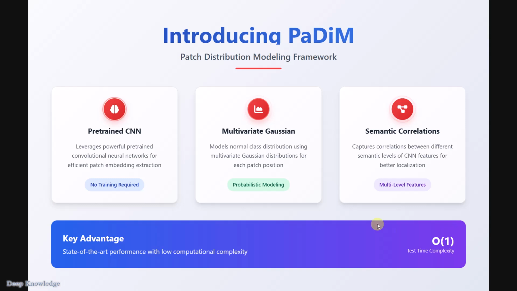PaDiM uses a pre-trained CNN to extract the features from the images from several layers. I will show you in a moment. It uses these features to calculate the Gaussian distribution for each pattern, for each position.